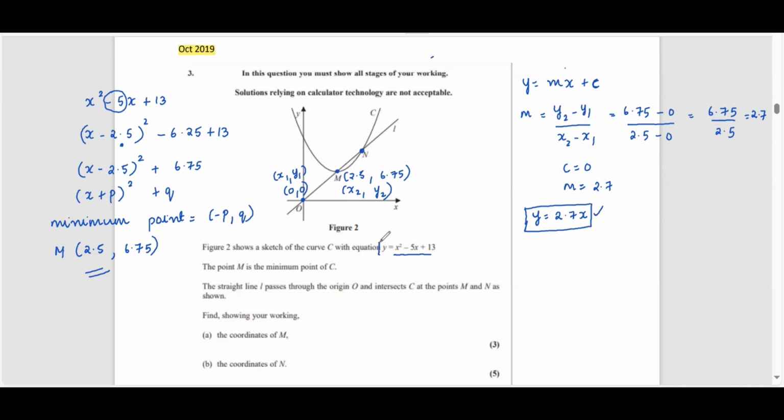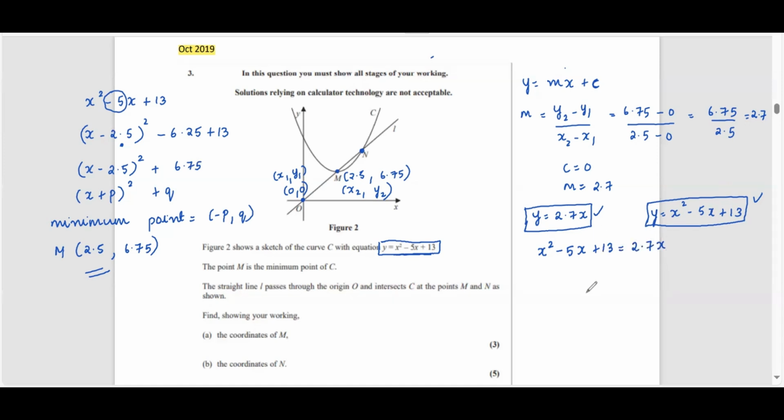The equation for the curve is given here: y equals x squared minus 5x plus 13, which also already has y as the subject. You take the right-hand sides and equate them. This is how you find the point of intersection: x squared minus 5x plus 13 equals 2.7x.